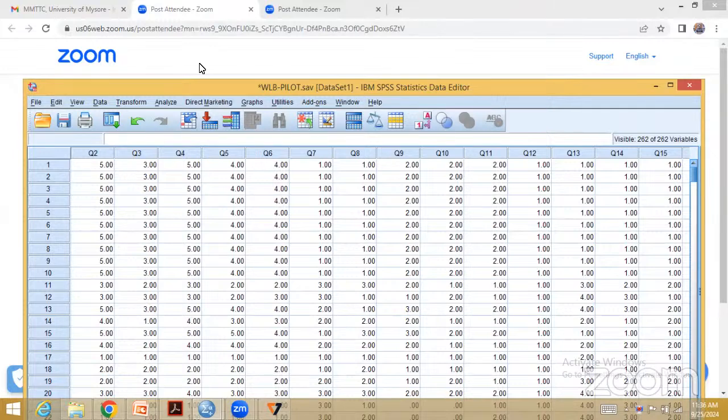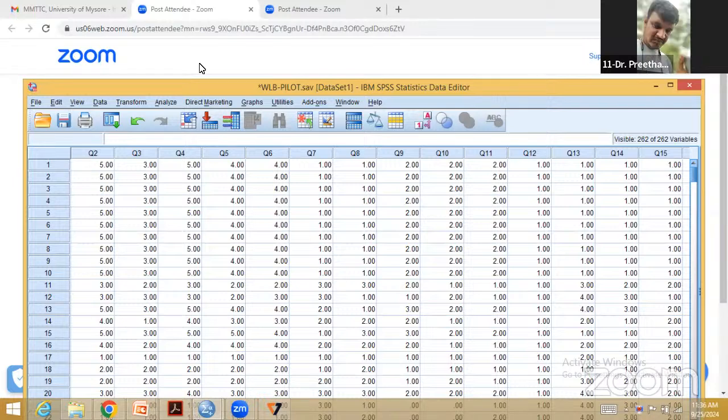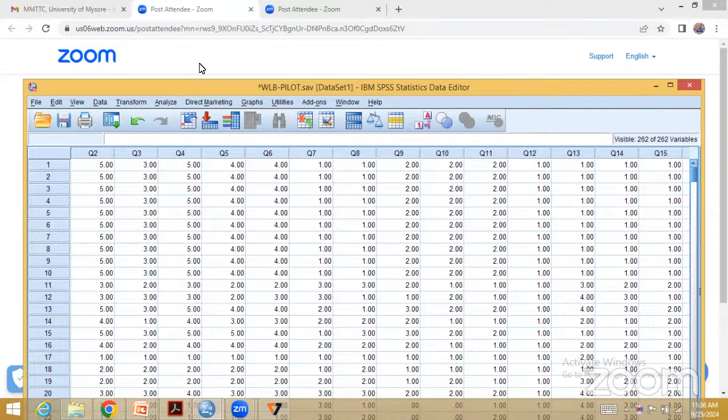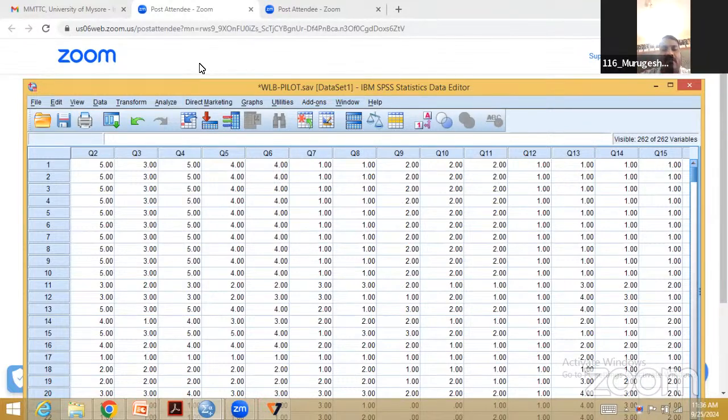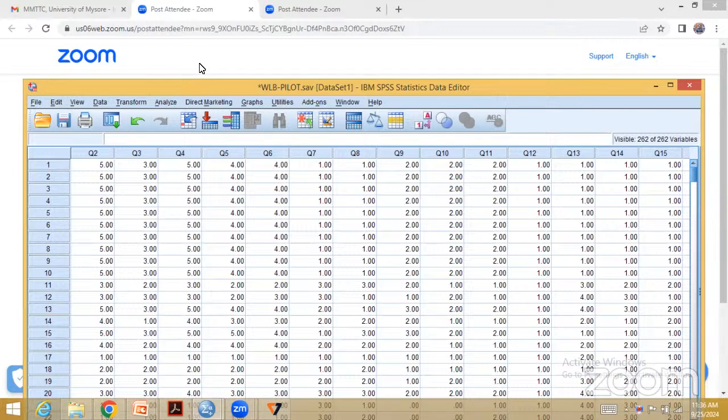See, the sample size determination is based on different formulas. Actually, the sample size will indicate the characteristic behavior of the population.